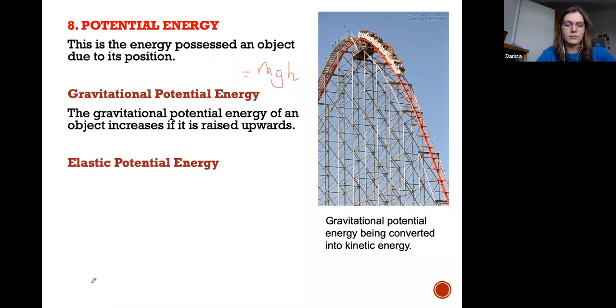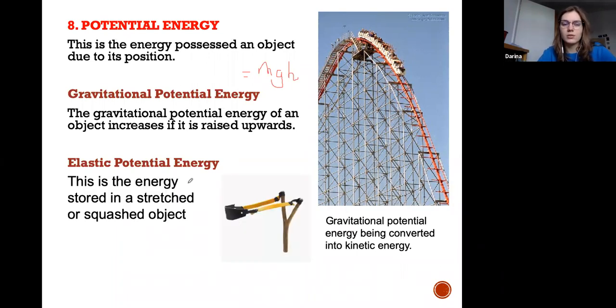So this is the energy stored in a stretched or squashed object. We've got an example here of a little sling used to throw rocks, to be honest, and for vandalism and stuff like that. But this has elastic potential energy. Sometimes this is also known as strain energy, but at GCSE we usually just call it EPE, elastic potential energy.